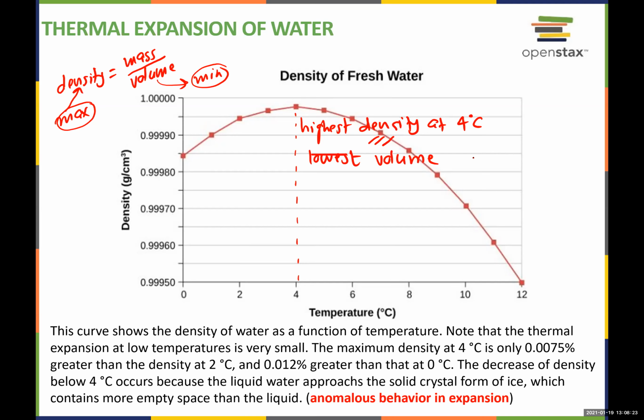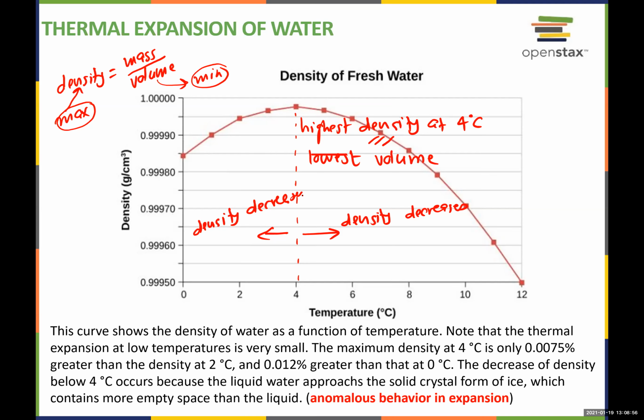Okay, so the graph shows you that if you increase the temperature or if you decrease the temperature, volume increases. On both sides, if you go either side, density decreases.